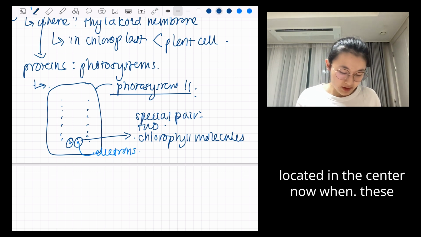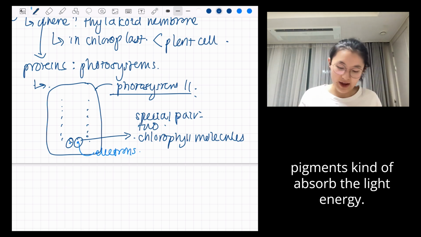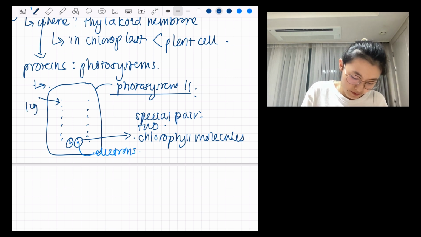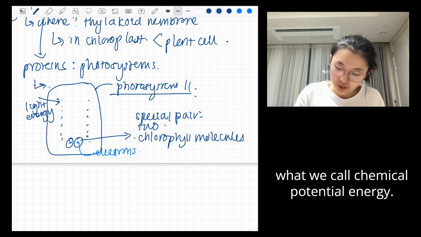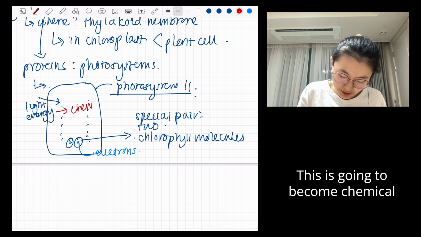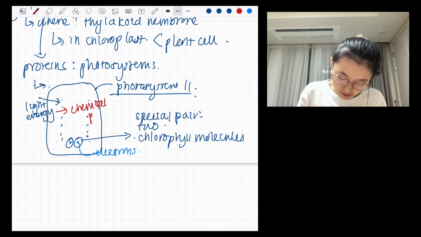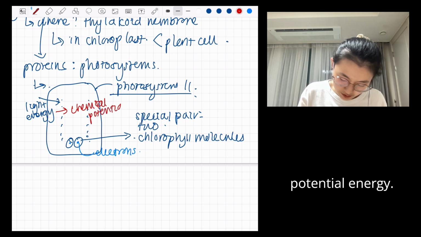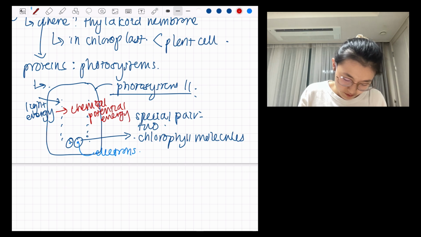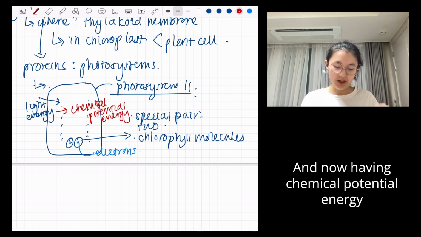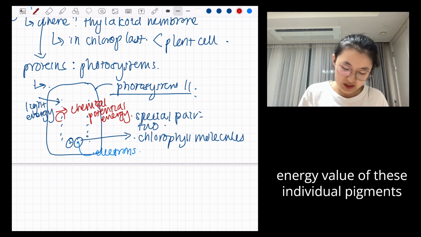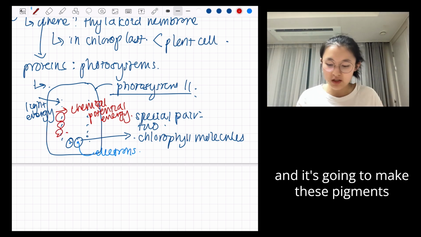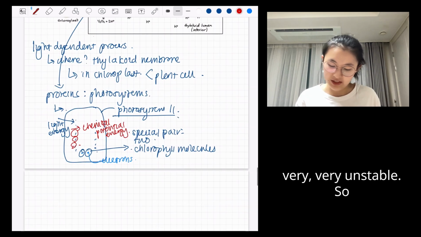Now, when these pigments absorb the light energy, this light energy gets converted into what we call chemical potential energy. Having chemical potential energy really increases the overall energy value of these individual pigments, and it's going to make these pigments very, very unstable.